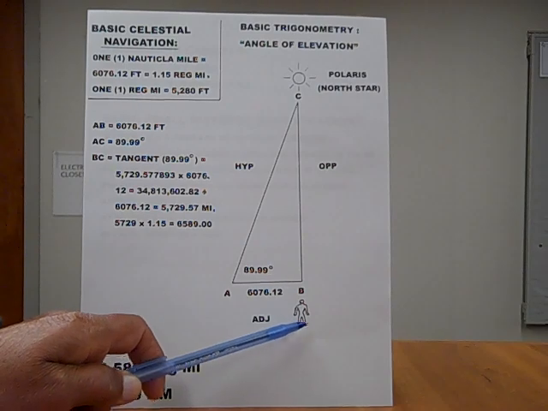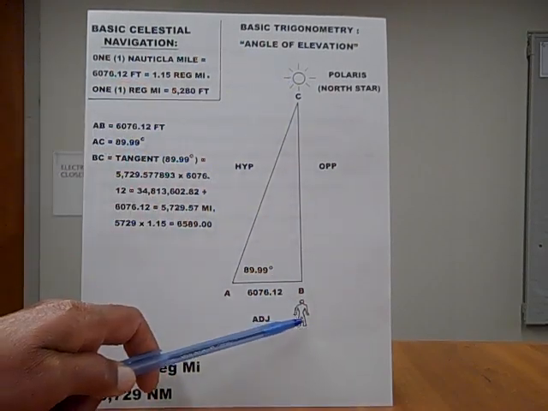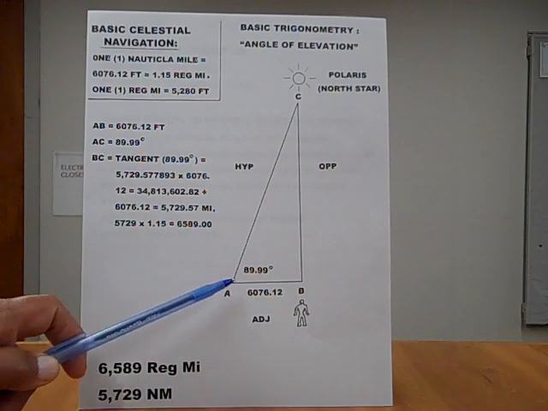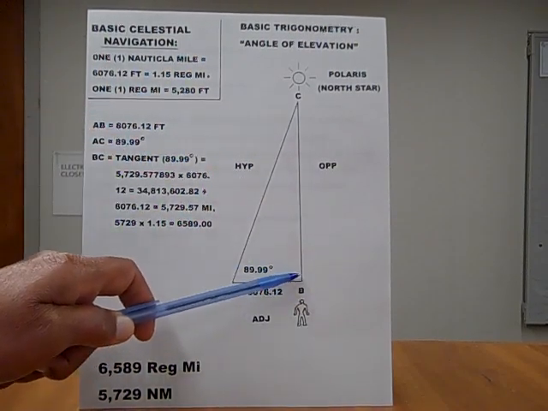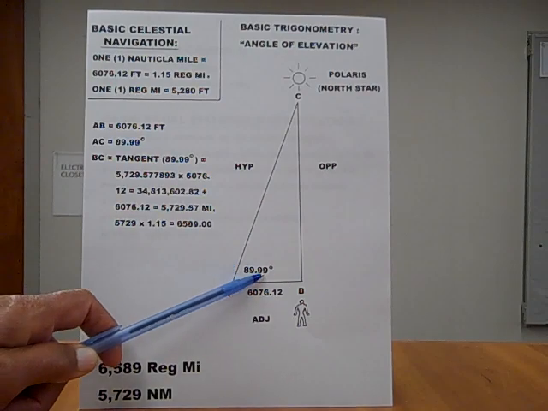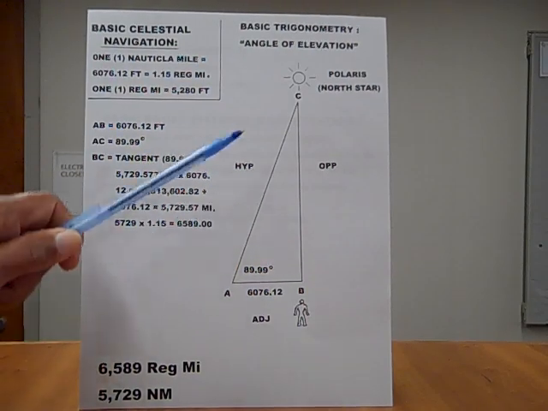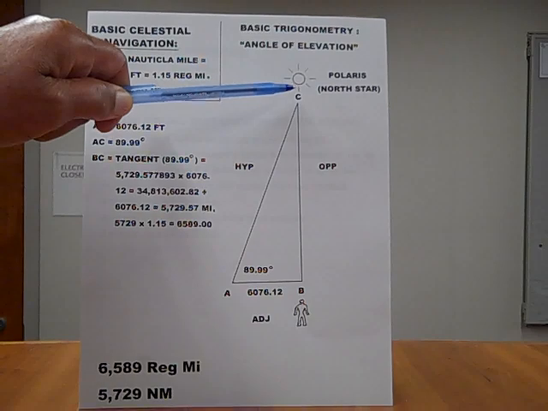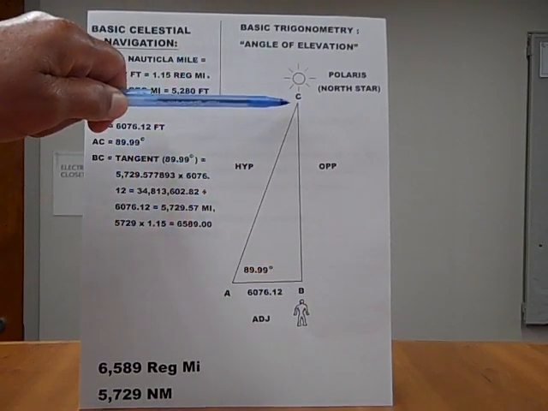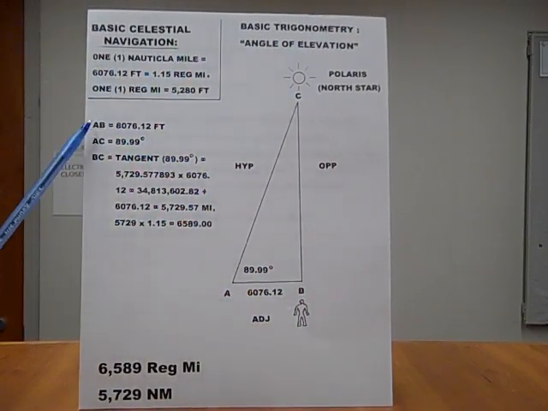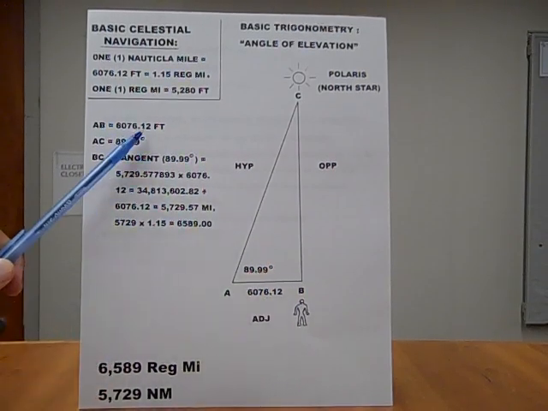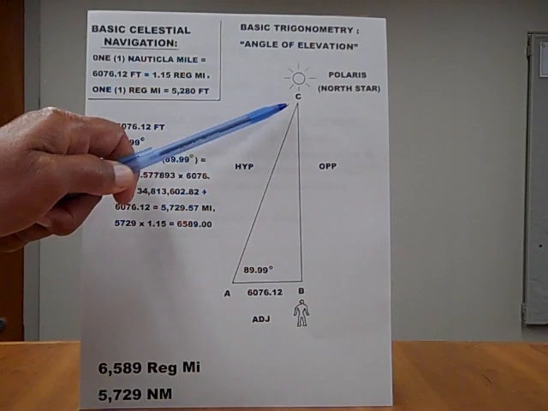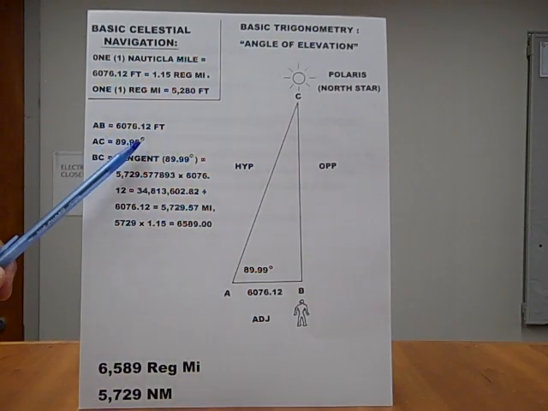You are directly under Polaris right here, and you are at position B. And it is 89 degrees, which this is a 90-degree angle right here. And 89.99 degrees will put Polaris at its maximum height above your head. Hence, A to B is 6,076.12 feet. A to C is 89.99 degrees.